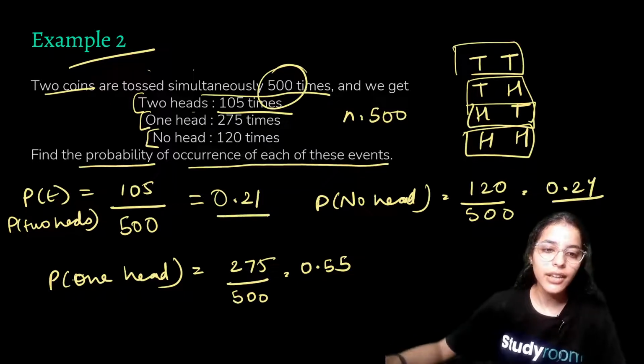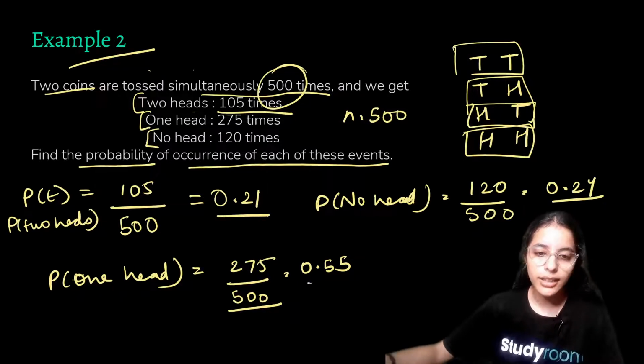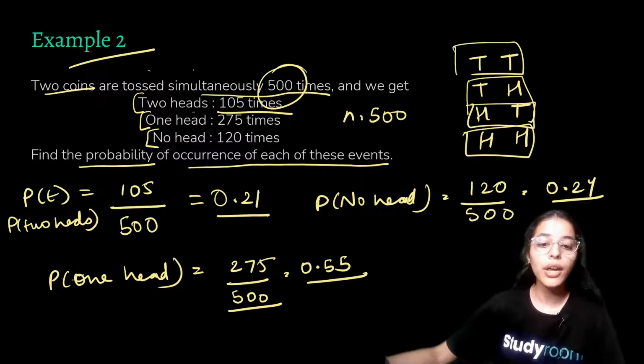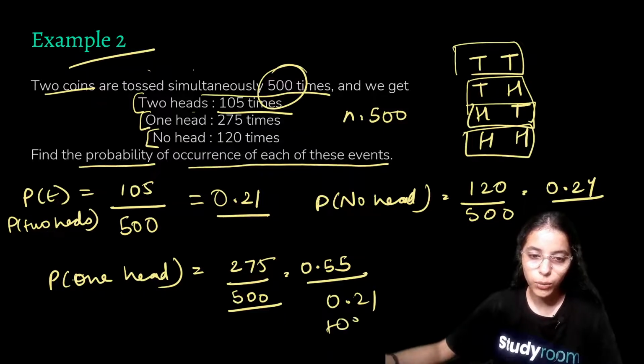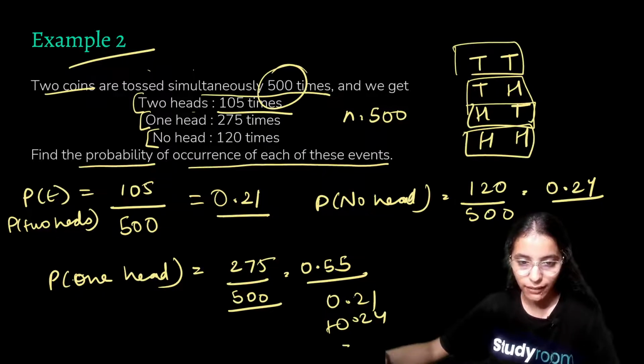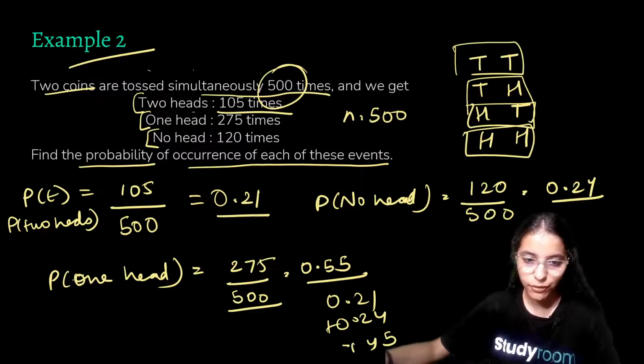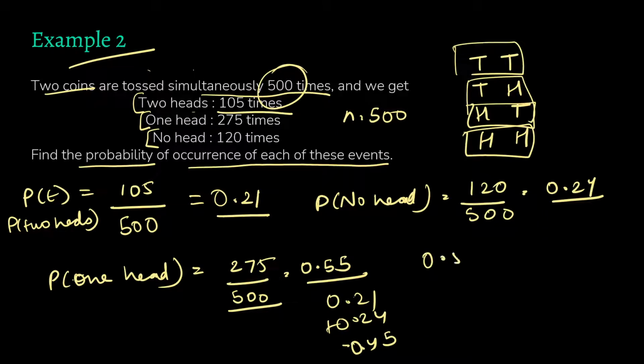Now you see that we have got all these 3 probabilities. Now here also, if you add these all up, we get 1.00. Now you can see here that our total probability is coming out to be 1.